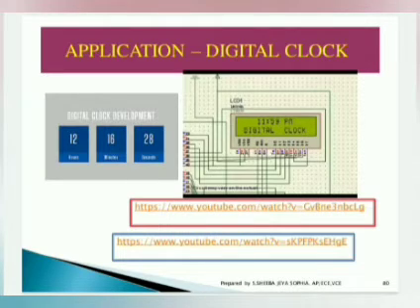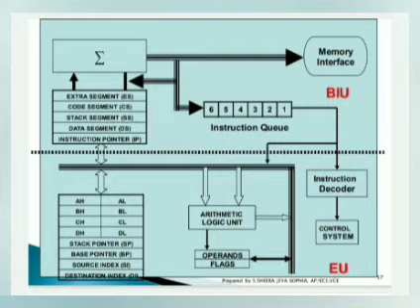So based on the application you have to find the architecture and the features available. The basic thing you first have to know is the architecture of the microprocessor you are choosing. So here in 8086, first we are going to see the architecture.